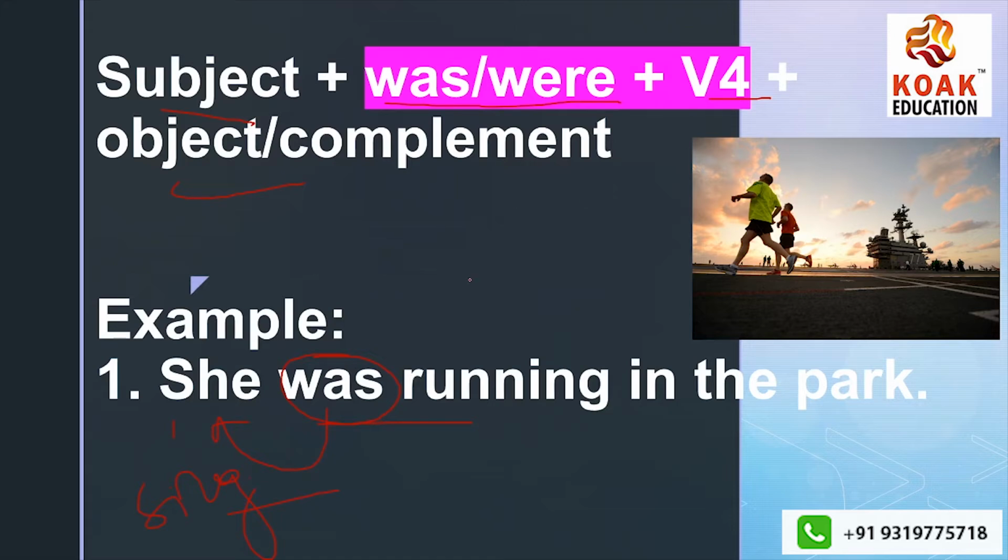But here, I have a singular subject. That is why was running. That's the verb's fourth form, the ing form of the verb. She was running in the park. Now, this action may have taken place last evening, or yesterday, or last week, last Monday, anything. We are talking about a past action. We're not talking about a present action.